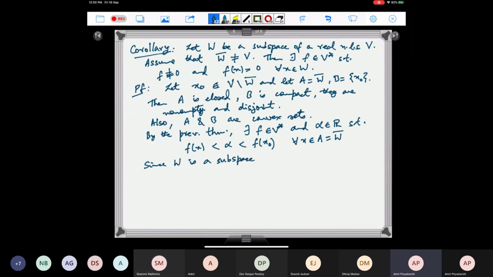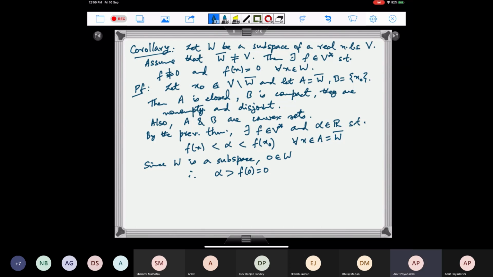So first of all, 0 is in W. Therefore alpha is greater than f of 0, which is 0. So alpha has to be positive, right? And then we are saying that f(x) is less than alpha for every x in W closure. So for every x in W, it has to be less than some fixed thing.